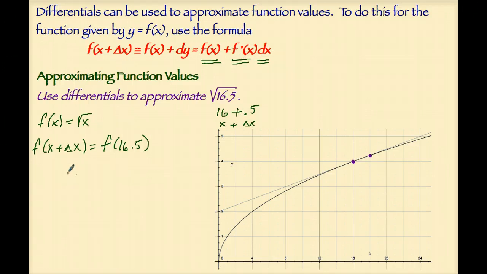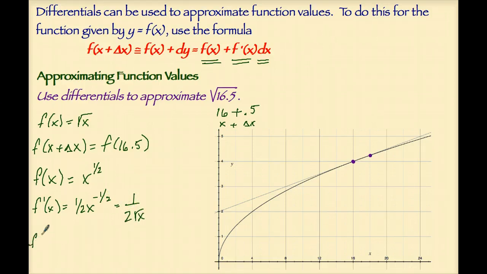Now I will need the first derivative here, so let's find the first derivative of the square root of x. First, I'll rewrite this as x to the 1/2 power so that I can use the power rule. f prime of x then will be 1/2 x to the negative 1/2, which is 1 over 2 square root of x.